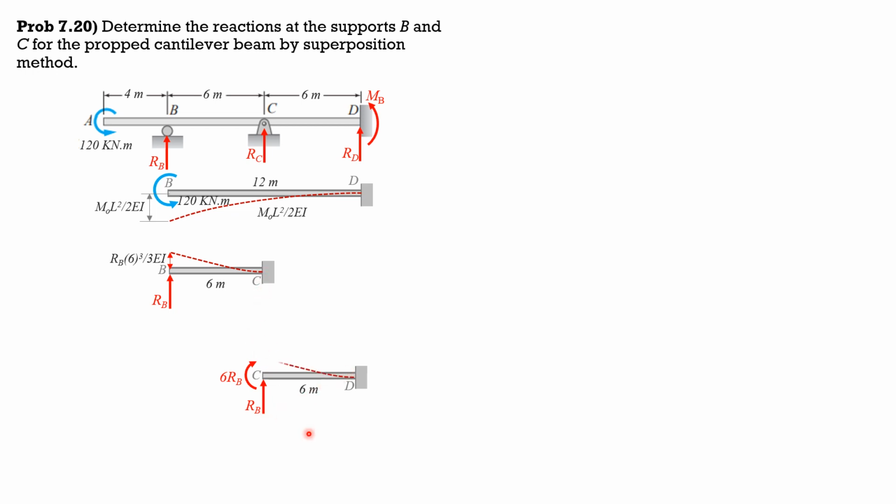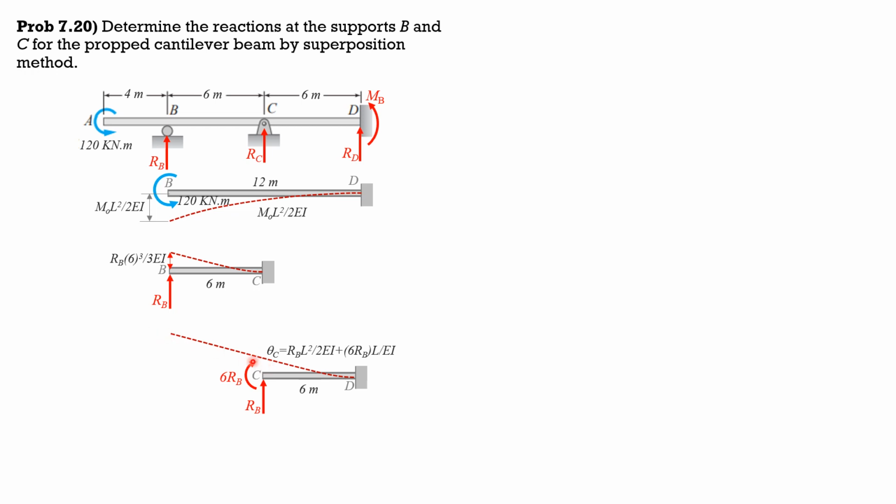So it will deflect with a combined value of RB L cube over 3EI, and this is theta C. The angle here, the slope at C is RB L square over 2EI or P L square over 2EI plus moment L over EI, if you can remember.